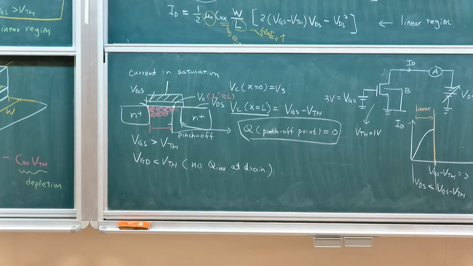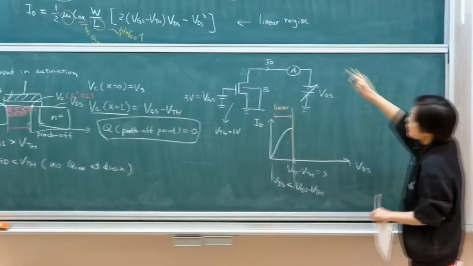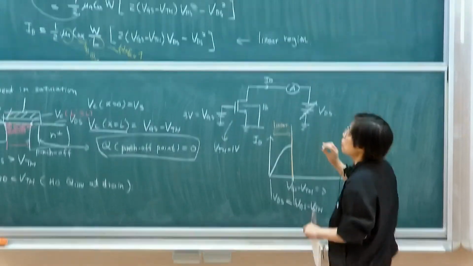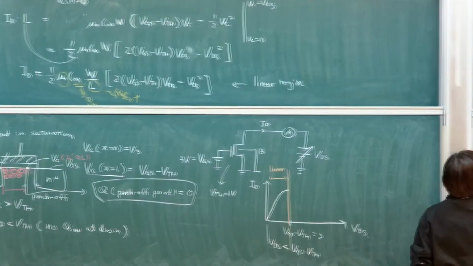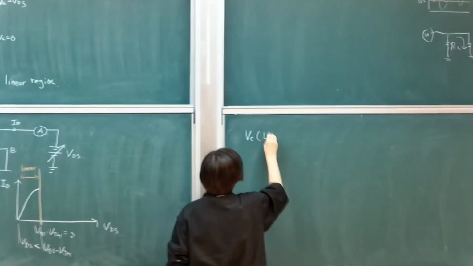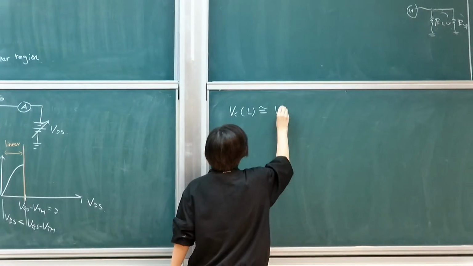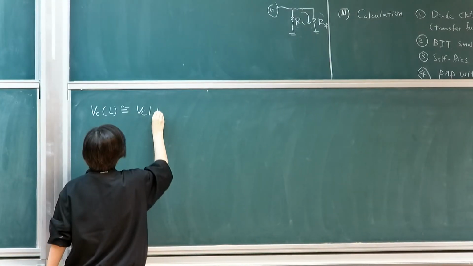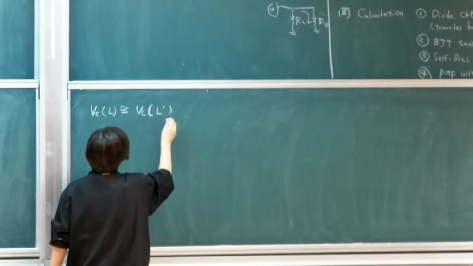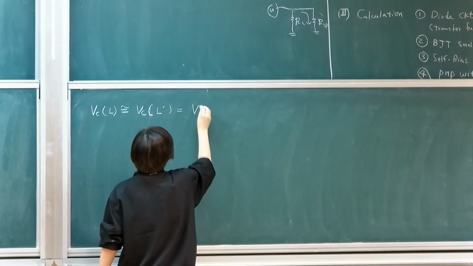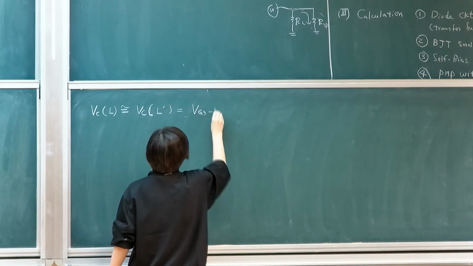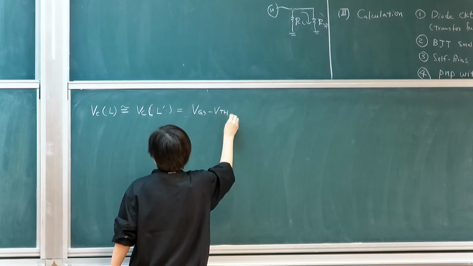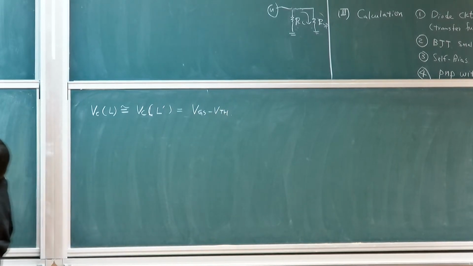So now, instead of the same integral, the boundary condition changes, using VC at L prime, which approximately equals VGS minus VTH. Okay? So I'm still going to insert that back in.